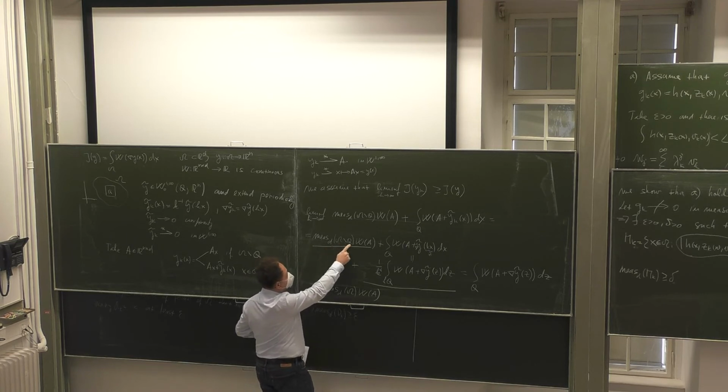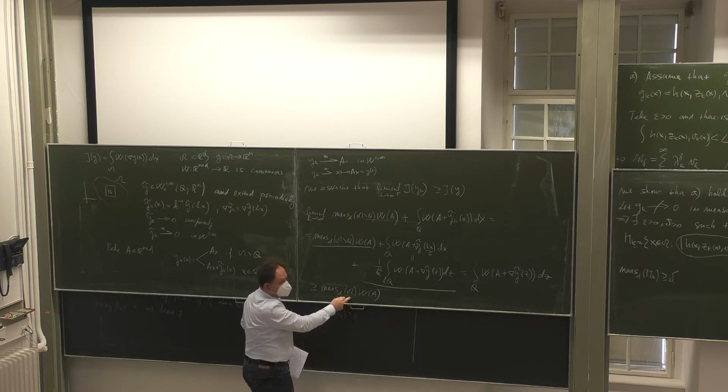It's omega minus Q, and there is omega. So what remains, if you subtract this, you get just the integral over Q.